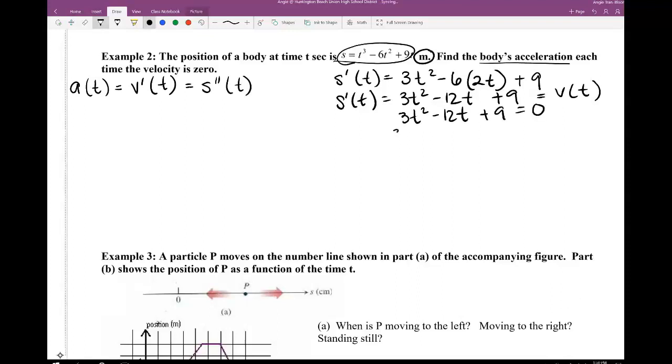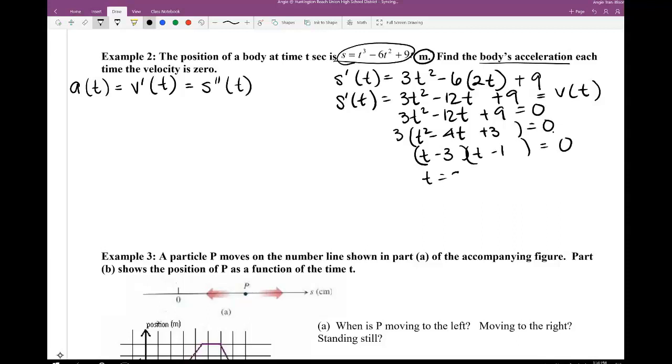Let's factor out a 3 to make it smaller so we don't have to work with such ginormous numbers. So t squared minus 4t plus 3 equals 0. So divide both sides by 3. 0 divided by 3 is 0. So technically we only have this left to factor. So we have t minus 3 and t minus 1 equals 0.